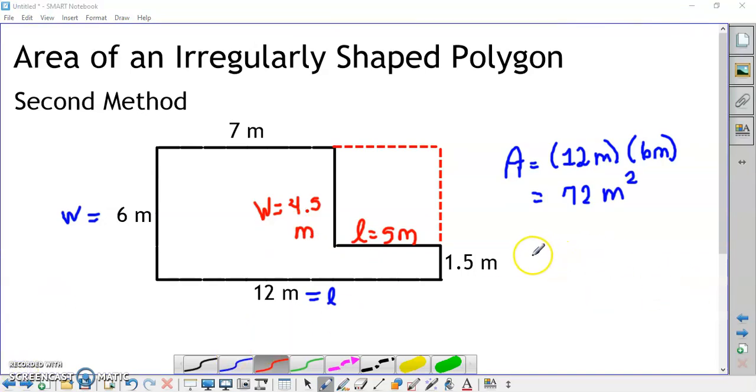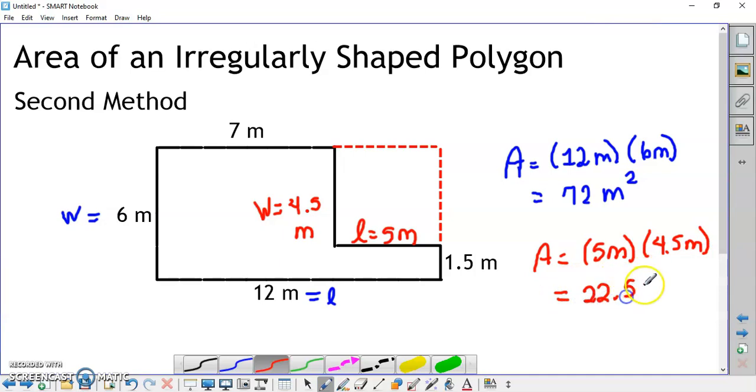The area will be 5 meters times 4.5 meters equals 22.5 meters squared.